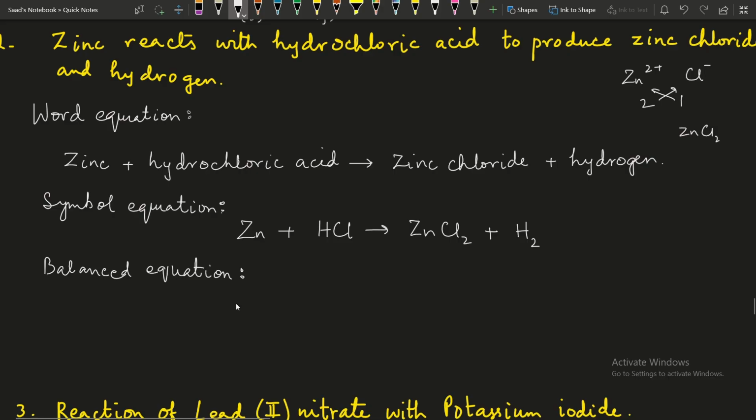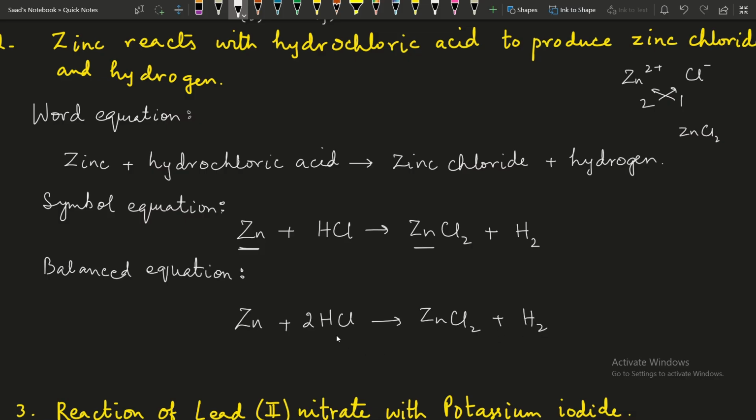Now I have to balance this equation. Over here the metal is zinc. I'll first try to balance zinc. Zinc is balanced. Then I'll see chlorine. Here we have 1 chlorine and over there we have 2 chlorine atoms. So I can write 2 over here to balance chlorines on both sides.